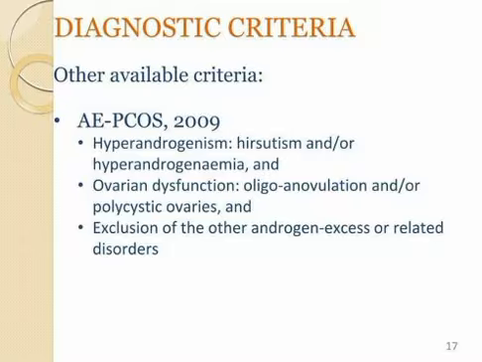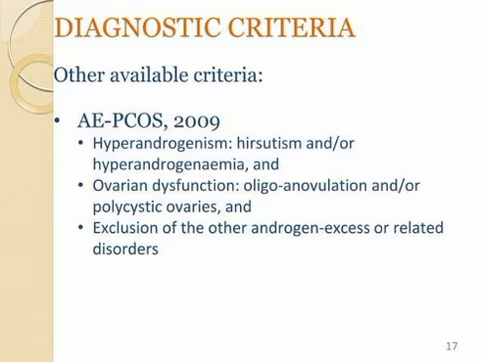So the next will be the AE-PCOS based on the 2009 category. Based on the 2009 category, it will be around hyperandrogenism. It may include hirsutism and hyperandrogenemia. And the next will be the ovarian dysfunctions, which may include oligoanovulation or polycystic ovaries. It may include exclusion of other androgen excess related disorders.